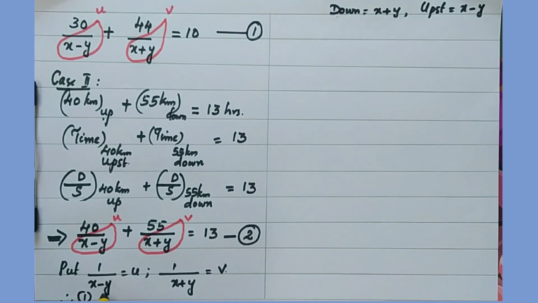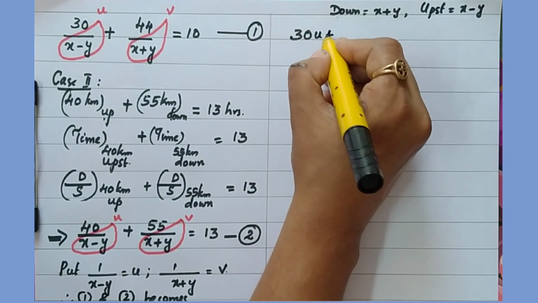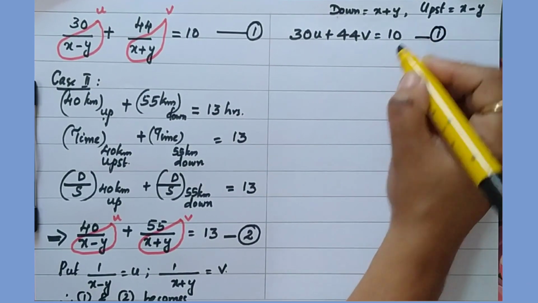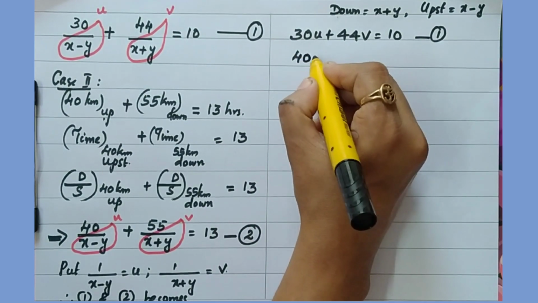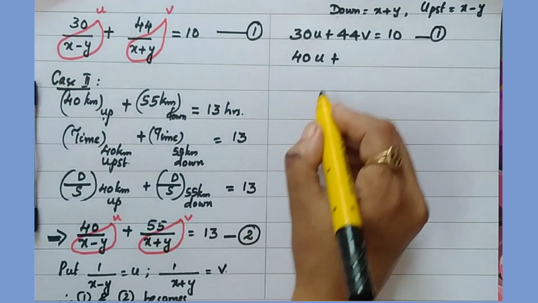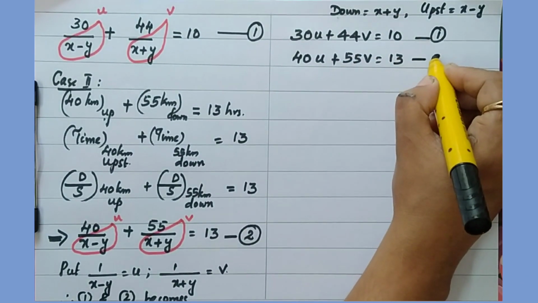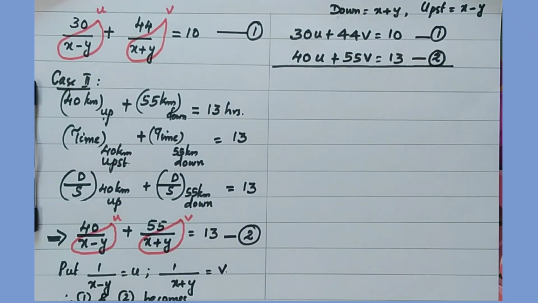Therefore equation 1 becomes 30u plus 44v equal to 10. This is your equation 1 now. And equation 2 is 40u plus 55v equal to 13. Equation number 2. Now using the elimination method you need to solve to get the values of u and v.